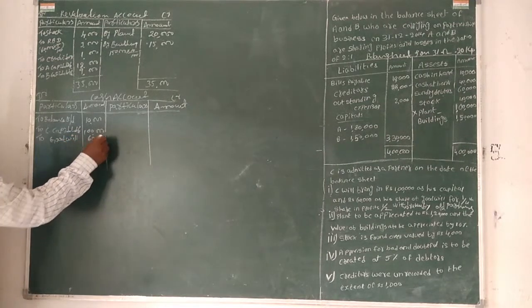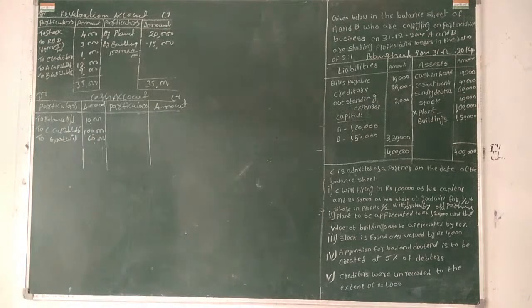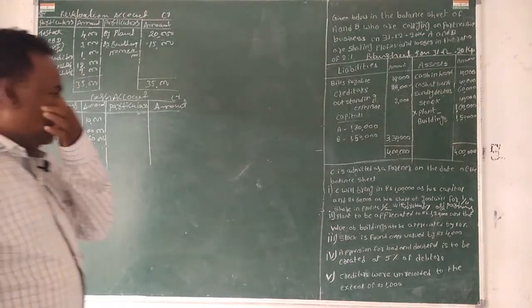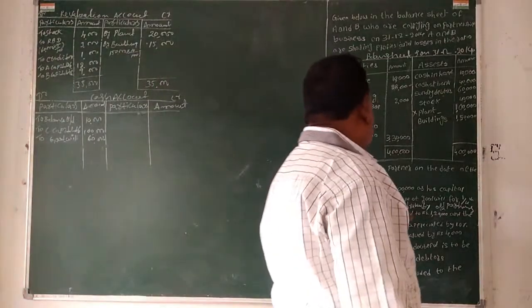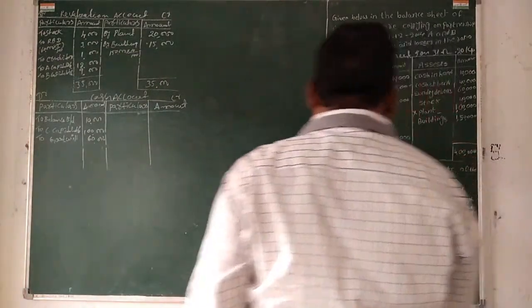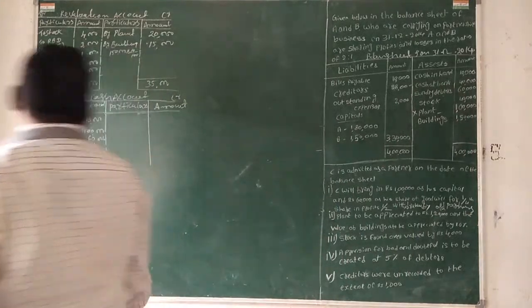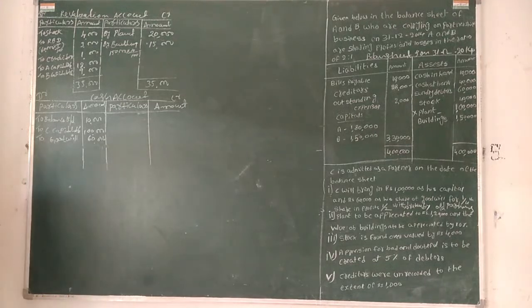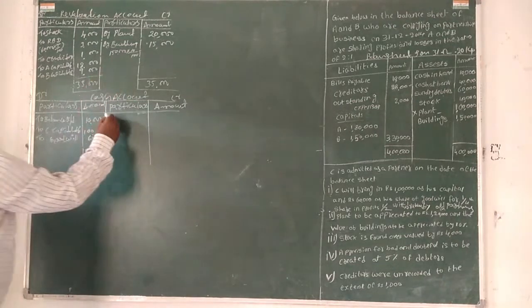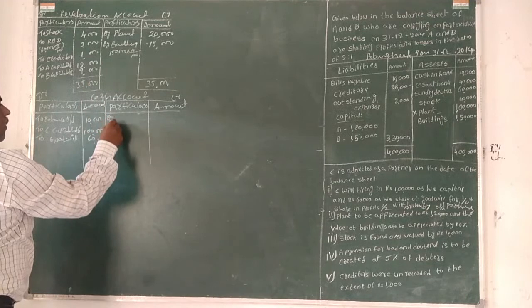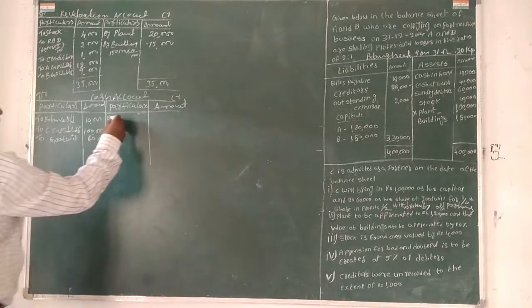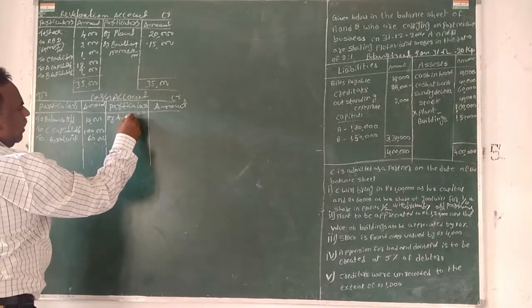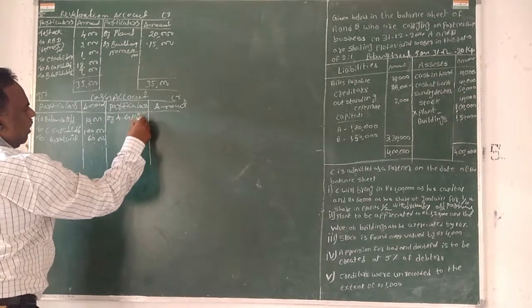Now we would like to balance. 1,70,000 debit balance. Carry forward to credit side 1,70,000 minus 30,000. Cash in hand, by balance 1,40,000 carried down.